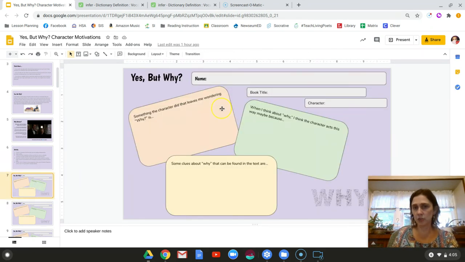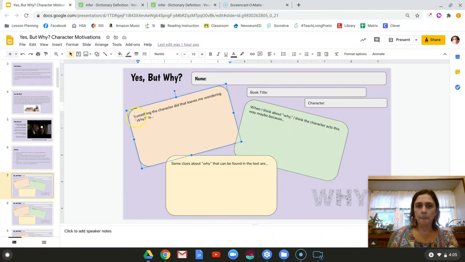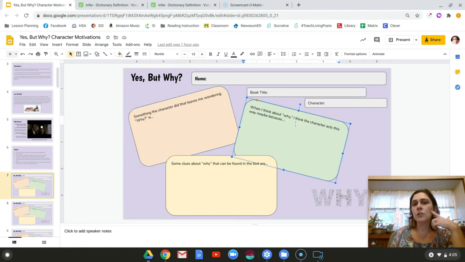The questions on your slide. I give you prompts. This says, something the character did that leaves me wondering why is, so you're going to write down what exactly did that character do or say that makes you wonder about their motivation. Why did they do that? Why did they say that? Two, when I think about why I think the character acts this way, maybe because, and I say maybe because we're making an inference.